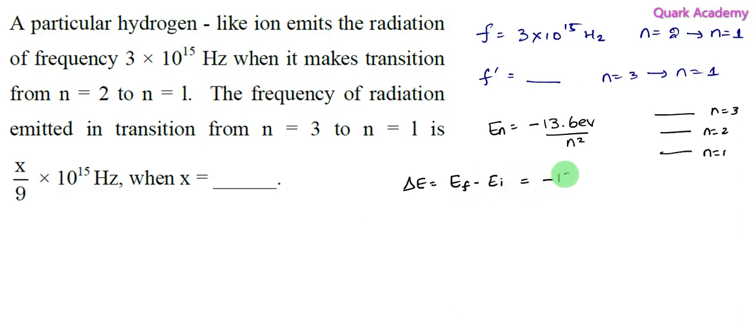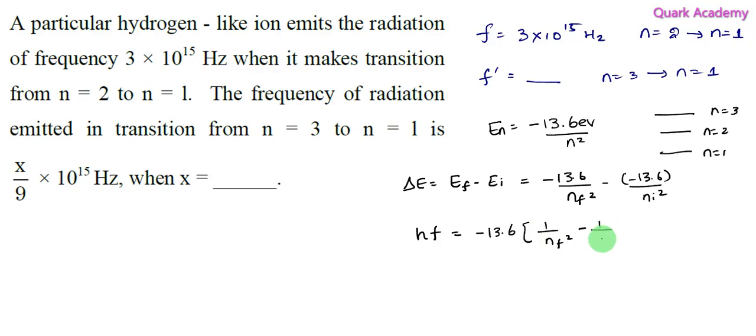So we write negative 13.6 by final orbit squared minus negative 13.6 by initial orbit squared. This change in energy, which we write as hf, becomes negative 13.6 into 1 by Nf squared minus 1 by Ni squared.